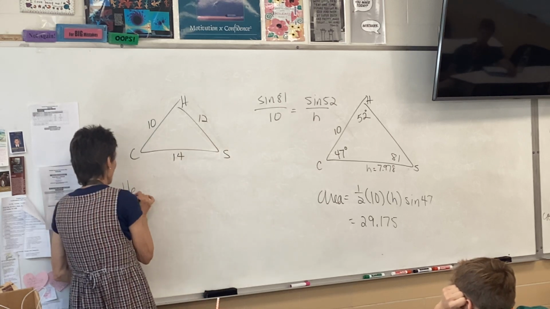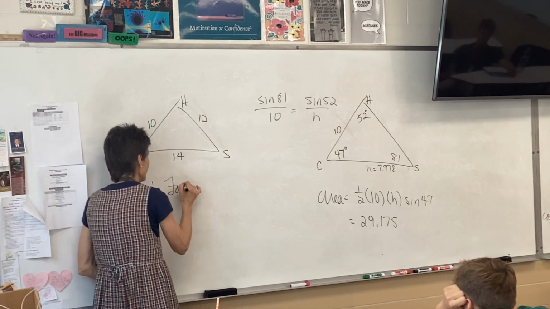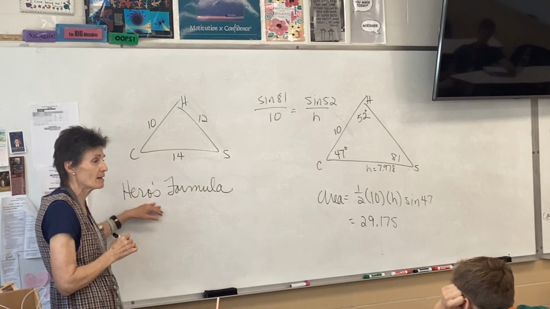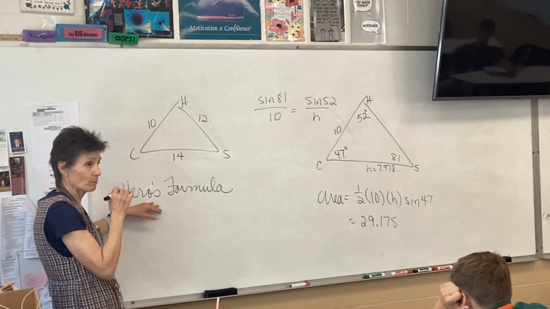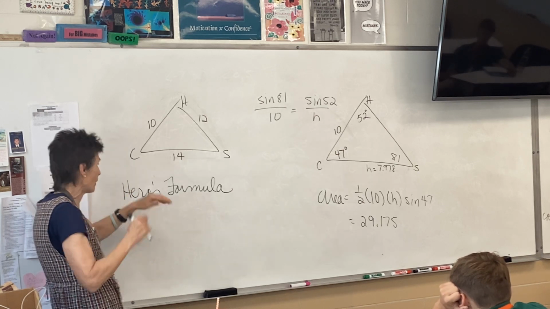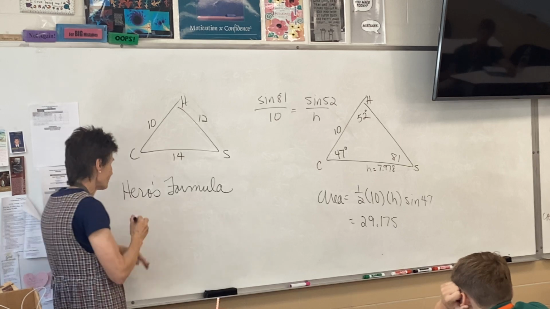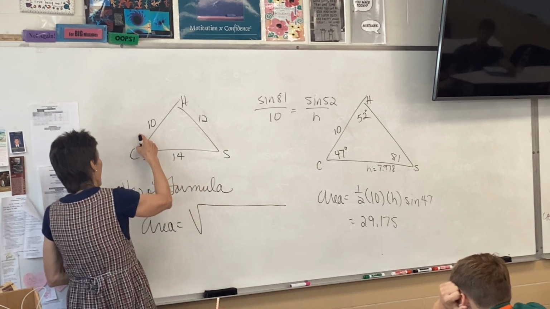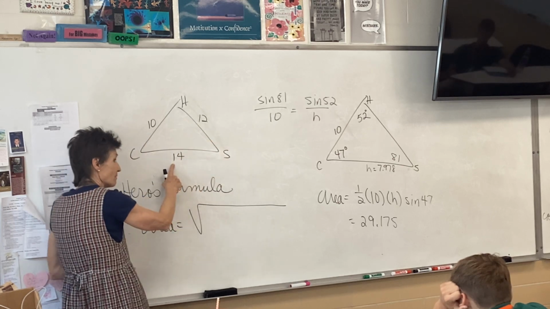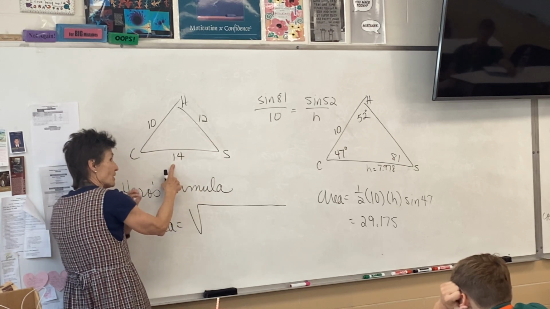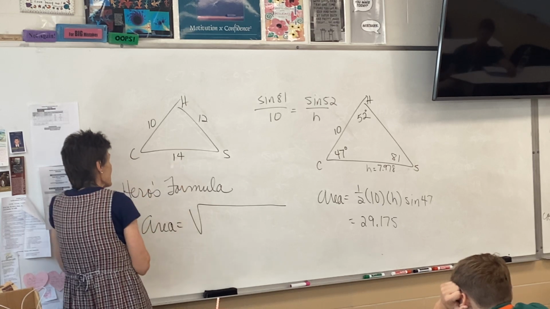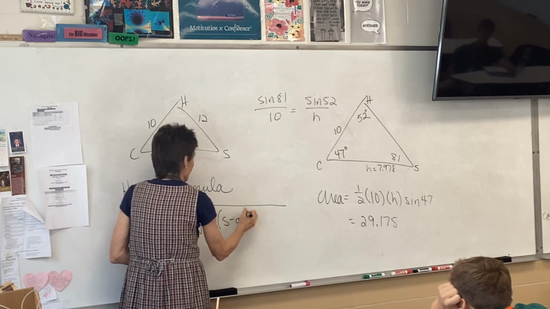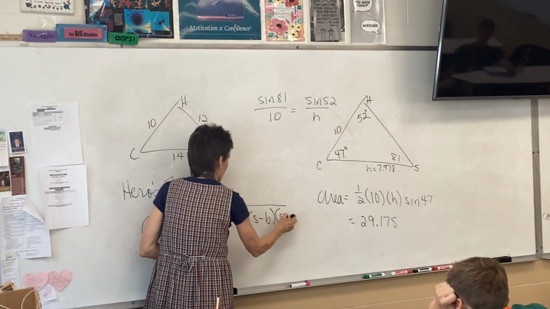There is something called Hero's formula, and it's actually Heron's formula, Heron of Alexandria, but it's been kind of abbreviated because he's our hero, to Hero's formula, and it works like this. If you know all three sides of the triangle, and that's the key, you gotta know all three sides, you can find the area with this little formula.